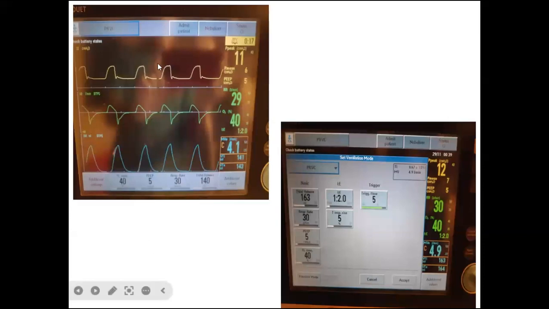So see here, if I put this graph, what are you going to tell? If I don't reveal the name here, what is the mode it is? Pressure control. But what parameter are you setting here? Tidal volume. If your graphs are pressure control graphs, and what you are setting is tidal volume, what mode is it? PRVC.